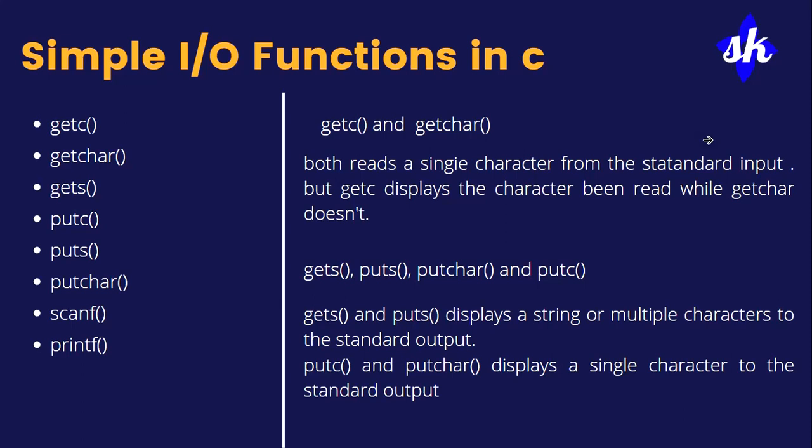So if I want to read a complete string, I can use my gets to do that, or I can use scanf to read a complete string. Now how do these functions know when to stop?